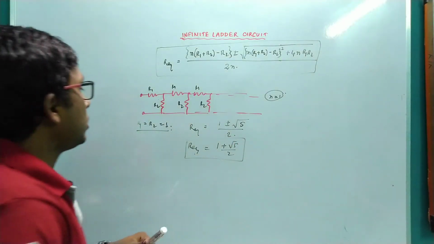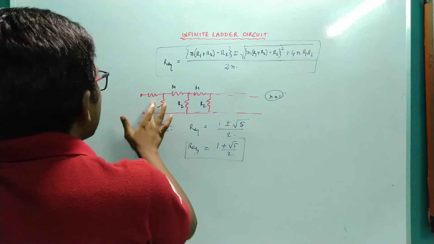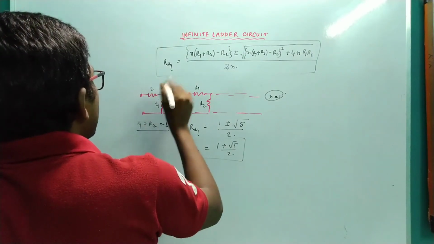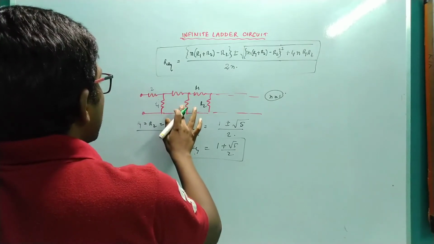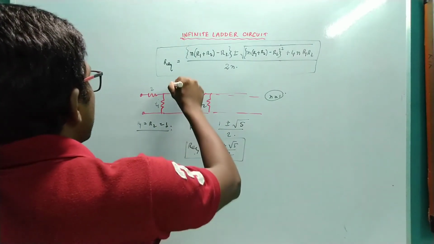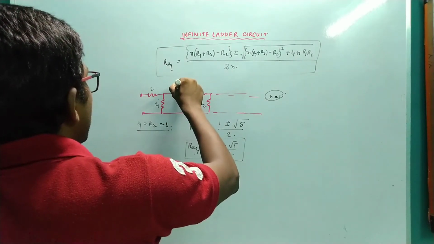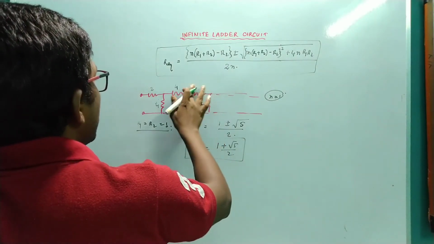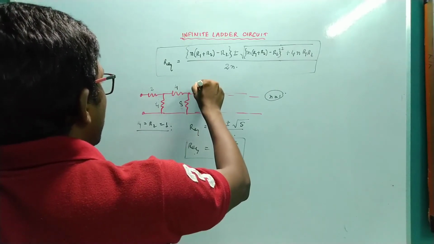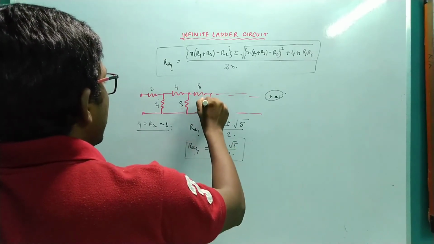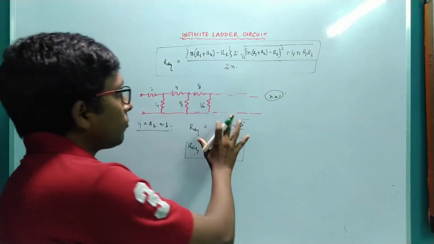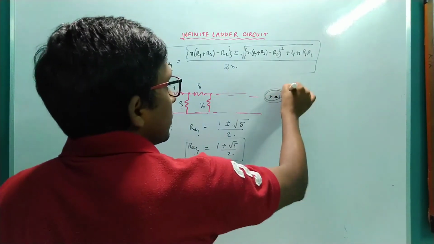Now if you are given a circuit like this, suppose this is 2, this is 4, then 4, 8, then 8, 16, and so on. What you have to do is just find the factor.